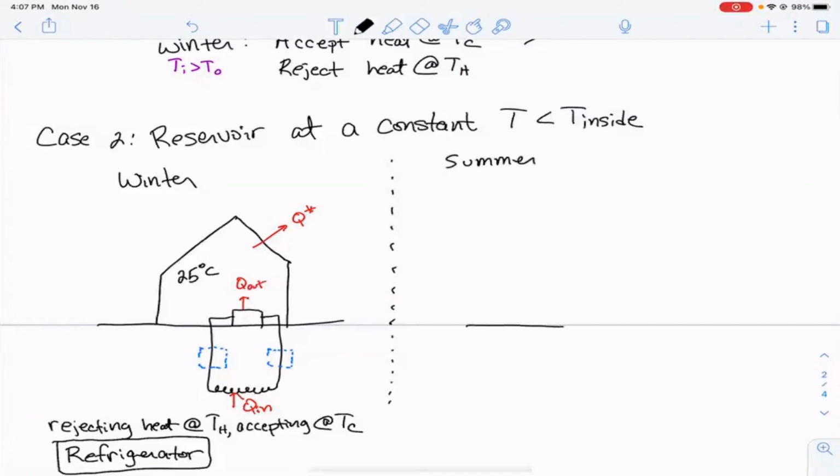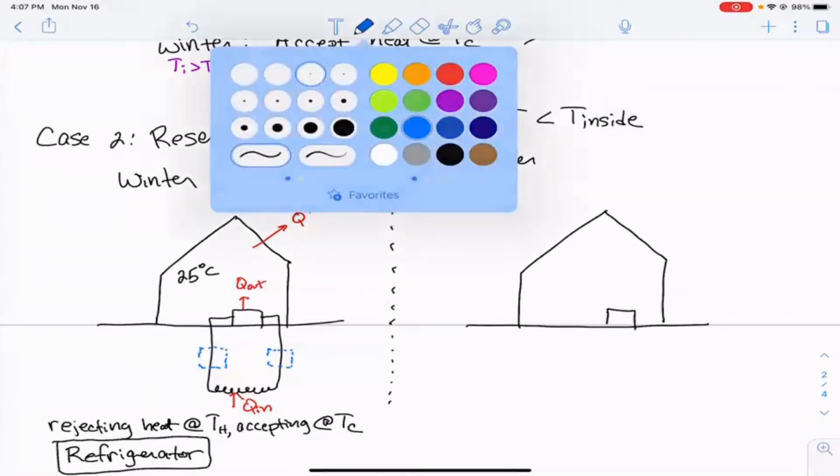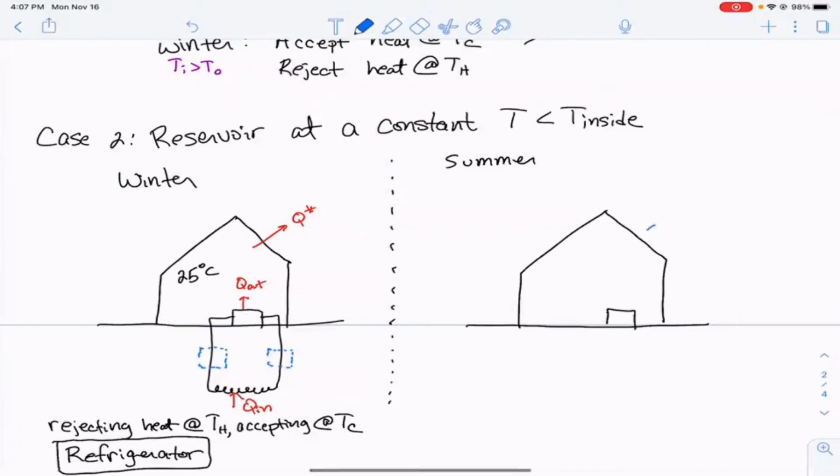And we'll do the exact same thing and think about this for a second. So if we have our same house and the same unit, what is it that's actually happening in the summertime? Well, in the summer, you actually constantly have heat that's entering the house, right? And we're going to call that Q star.